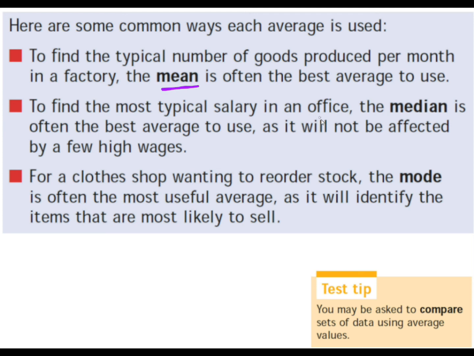If you're looking at salaries in an office, then sometimes the median is better, because if you're looking at the people that work on the shop floor earning 11,000, 10,000, 12,000 and so on, and then you've got the executives earning 150,000, you want to remove the outliers. So the median is good for situations where you're trying to remove outliers. And then finally, the mode is good for stock taking, because the mode tells us straight away which item is selling the most.